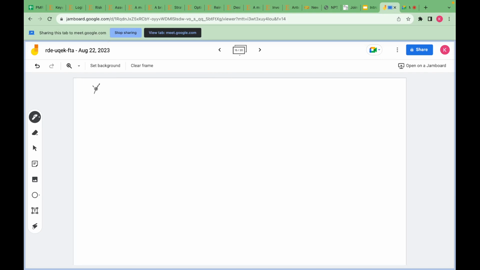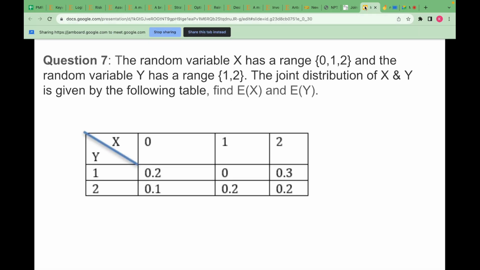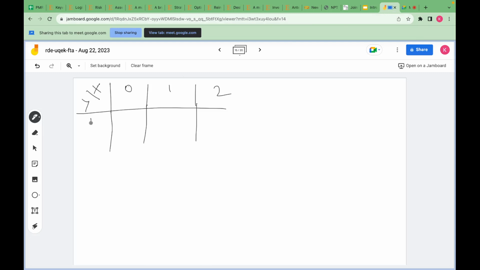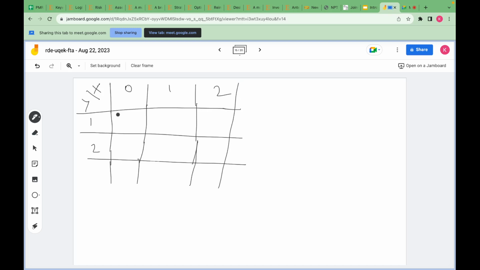So we are given x and y. X varies over 0, 1, 2 and y varies over 1 to 2. So there are probability mass functions associated with these quantities.